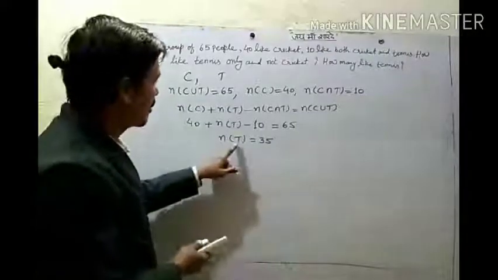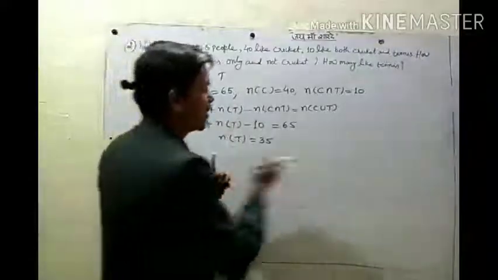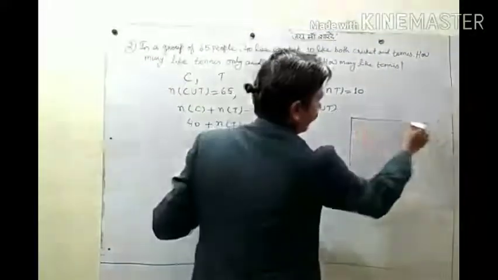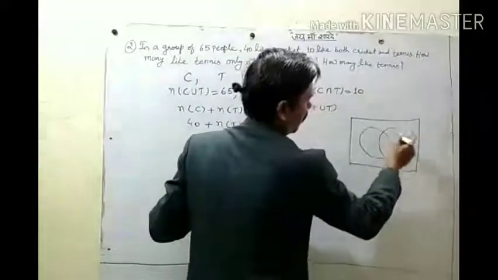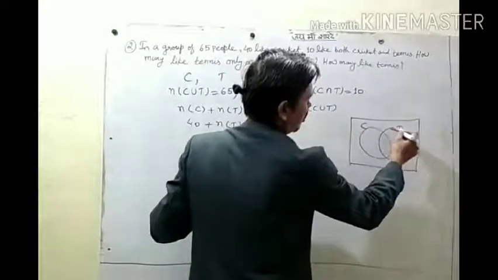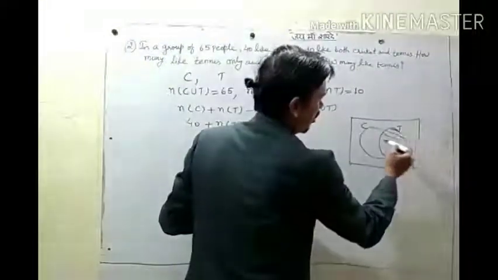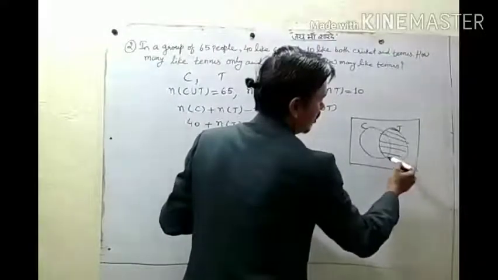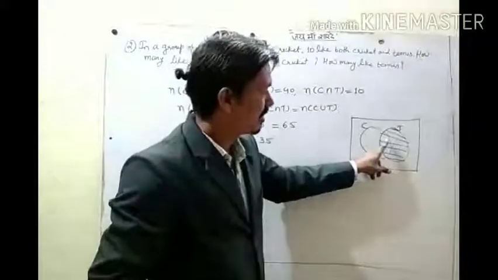This does not mean only tennis. If you see the Venn diagram, when we say 35 are in set T, it means in this complete portion there are 35. So some can like cricket also.